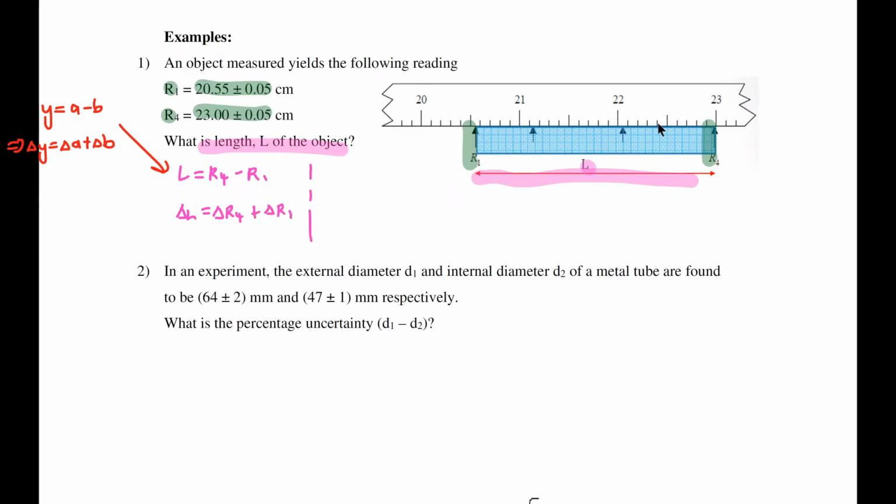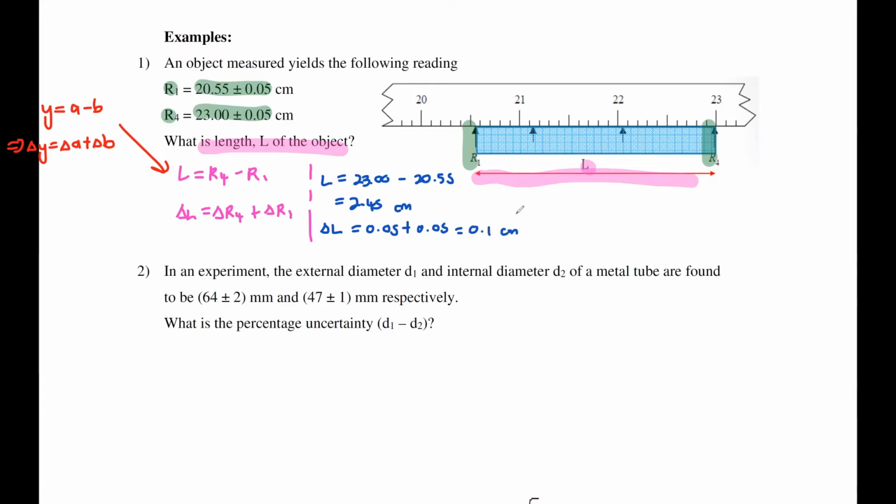So if we now sum in the values, we will have L equals 23.00 minus 20.55, giving us 2.45 centimeter, whereas delta L would be equal to 0.05 plus 0.05 equals 0.1 centimeter.